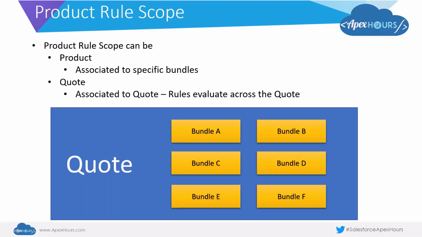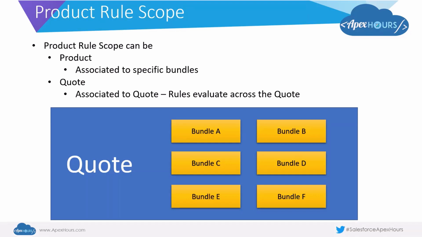One other implication to be aware of is that if we have rules that are running on a particular bundle, they are not aware of what is going on with any other bundles. So I cannot create rules in bundle A which need to look at what's happening in bundle B or bundle C. It cannot be done with product scoped rules.